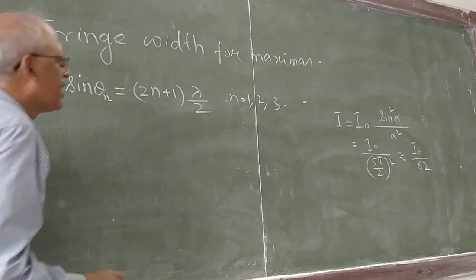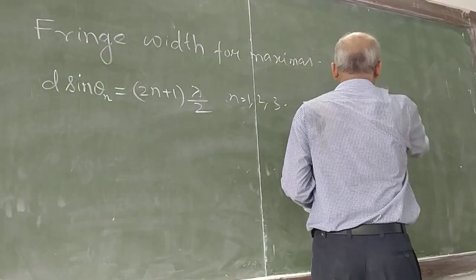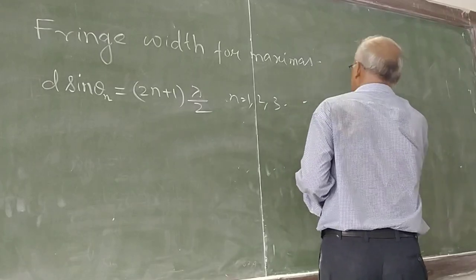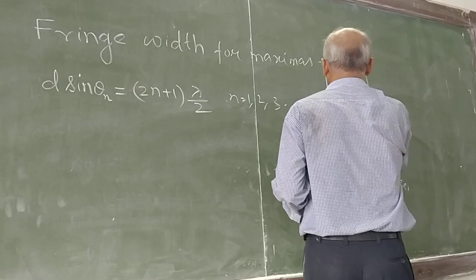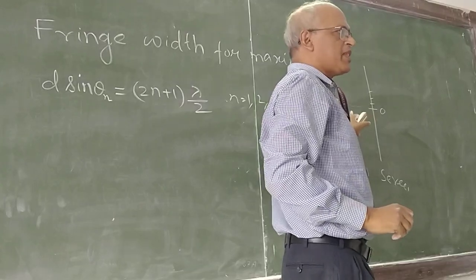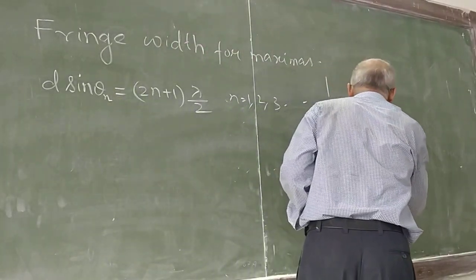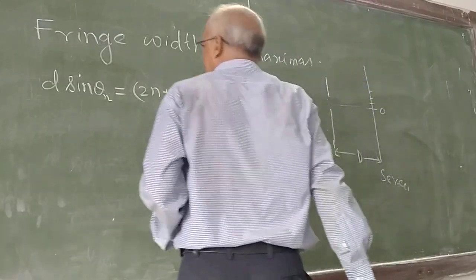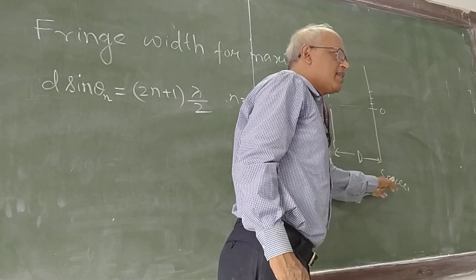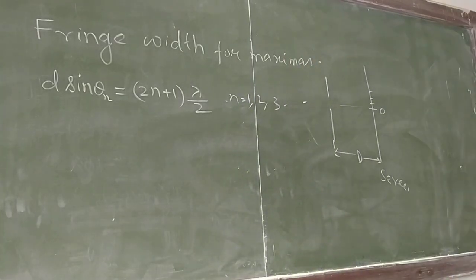So theta n. Right? Now we are searching in this region. We are searching on the screen. This is your screen. This region. First order, second order, this one. If xn is very small, this distance from the aperture to the screen is big.